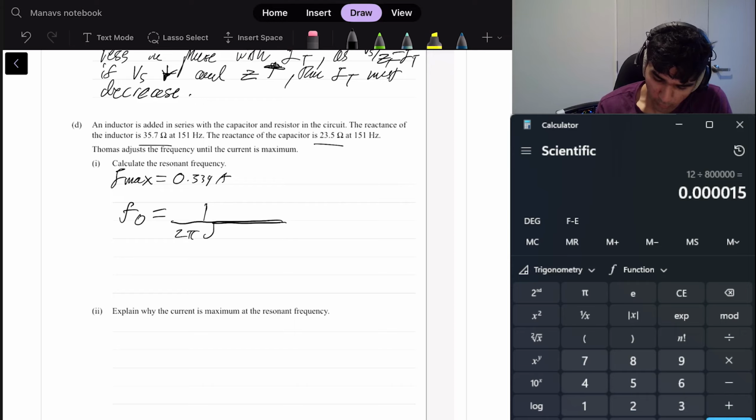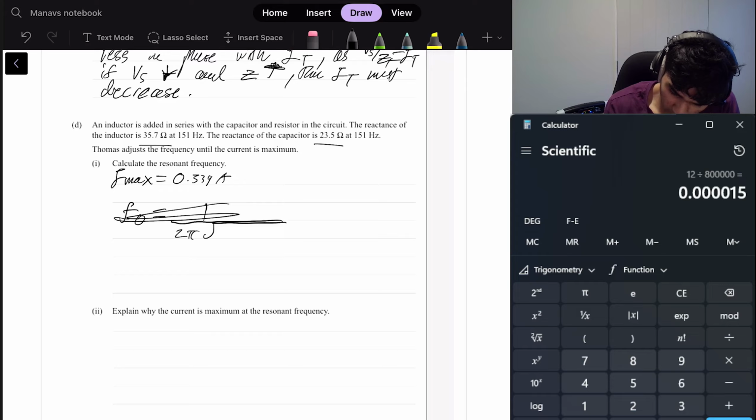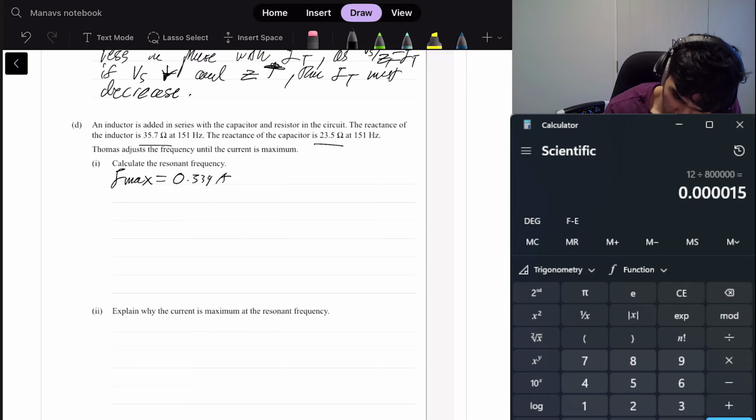They don't give us much room, which is annoying. I want to find L.